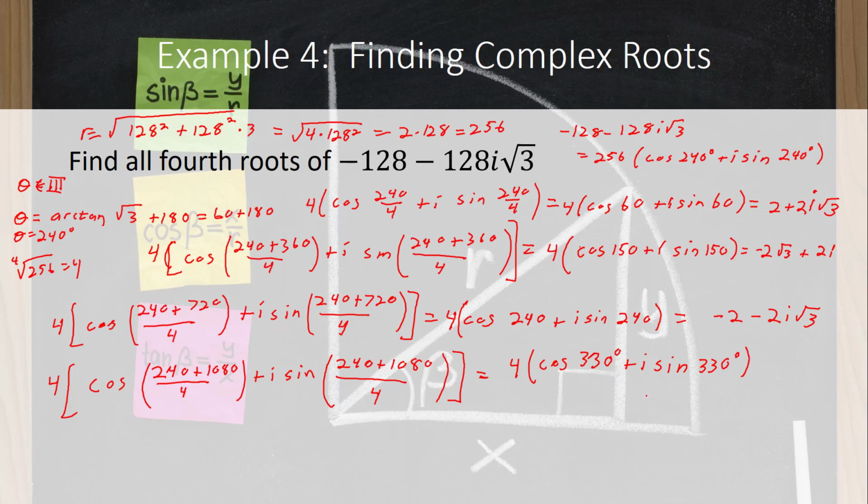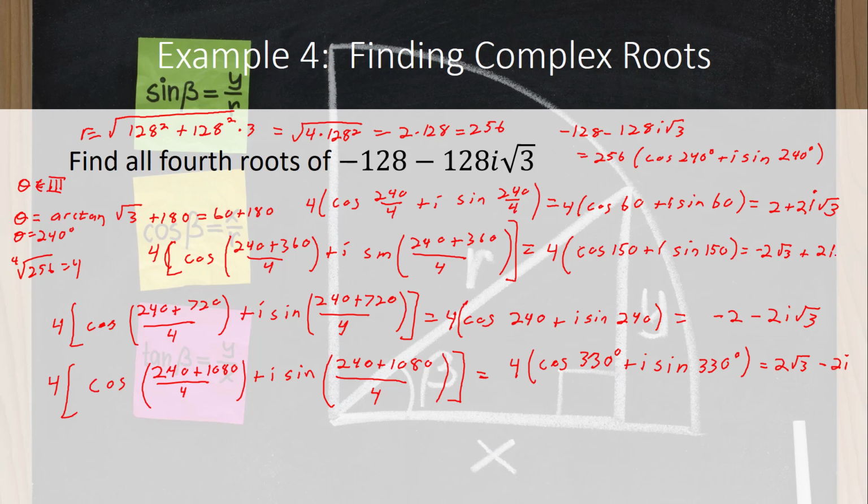And then that will give us 2 times the square root of 3 minus 2I. And those will be our 4 roots.